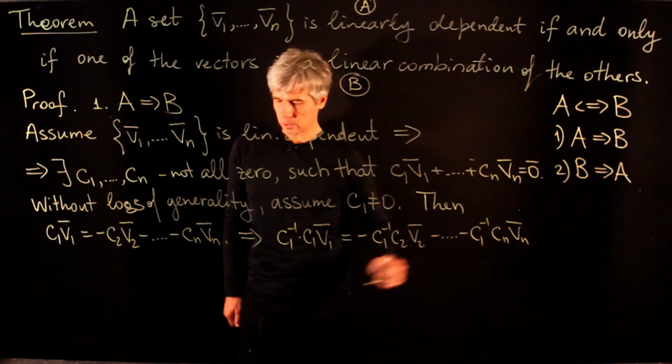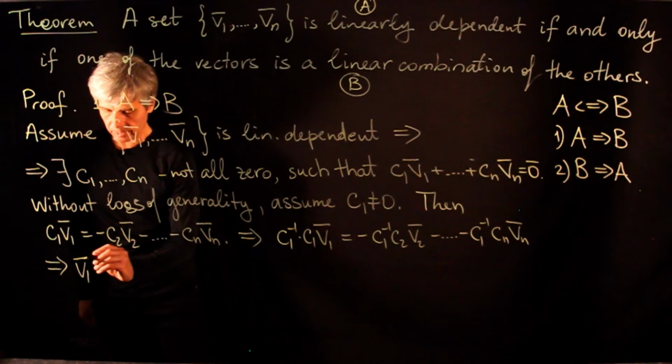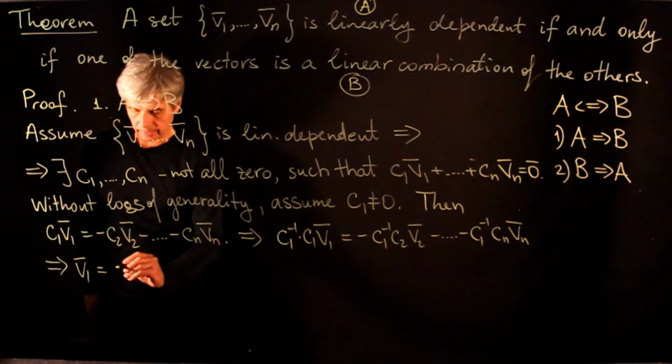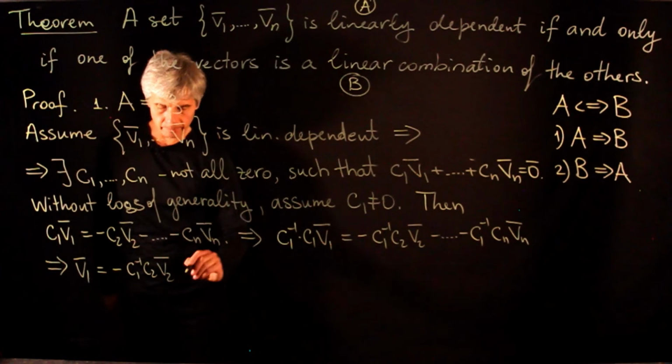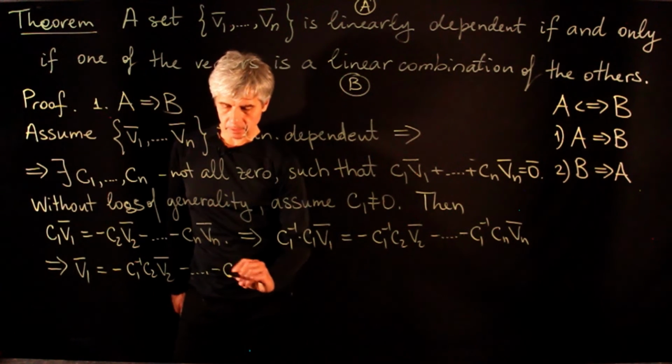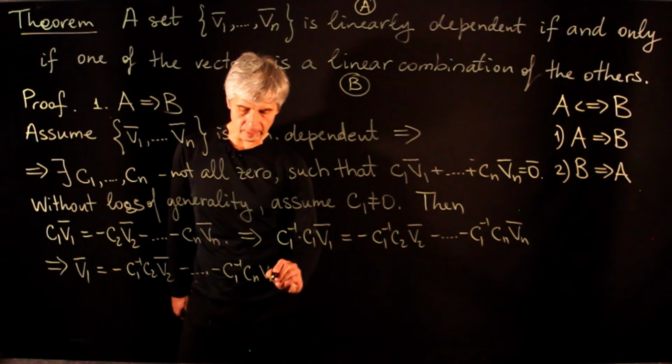And so V1 is equal to negative C1 inverse C2 V2 minus ... minus C1 inverse Cn Vn.